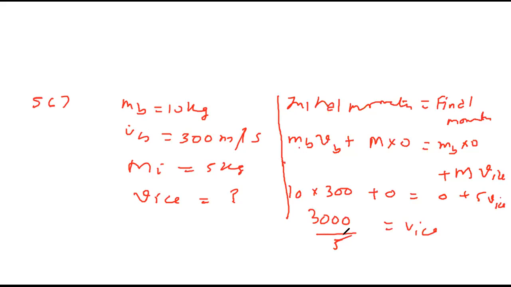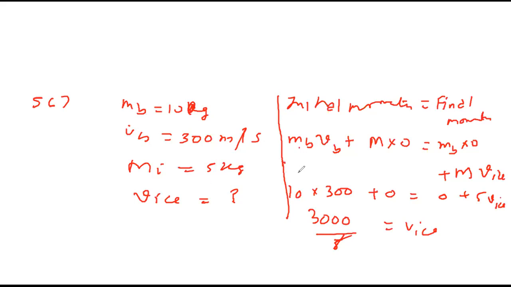Speed is 300 meter per second, bullet of mass 10 kg. Sir, the bullet mass is 10 gram, not 10 kg.